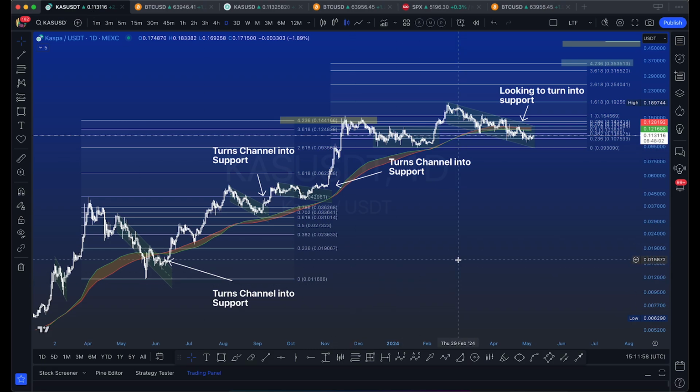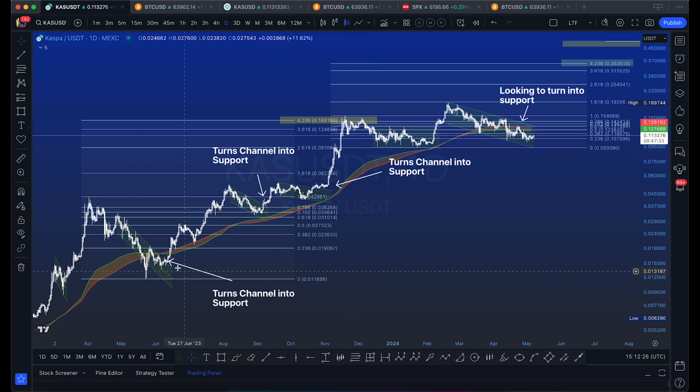So today, let's first start taking a look at Kaspa, the Kaspa USD pair. One thing that I'm finding interesting right now is just assessing the price action, focusing on these channels that seem to be repeating over and over on Kaspa.